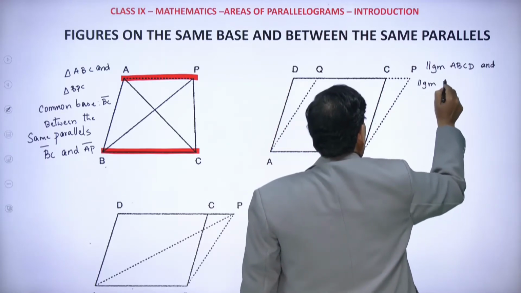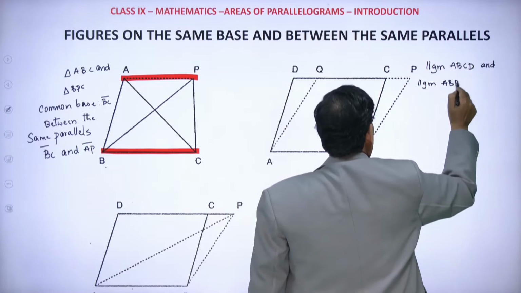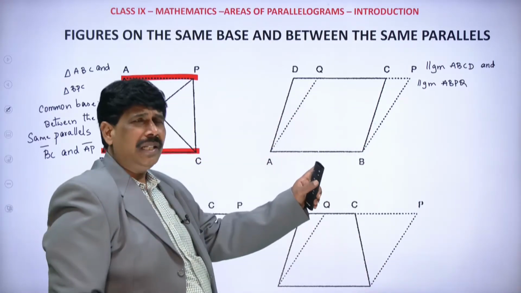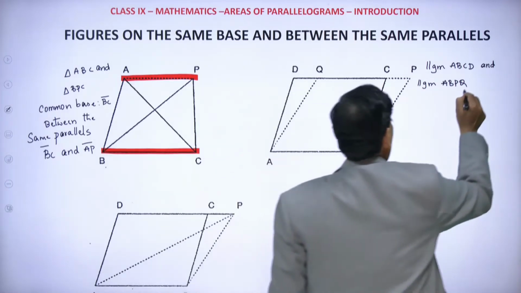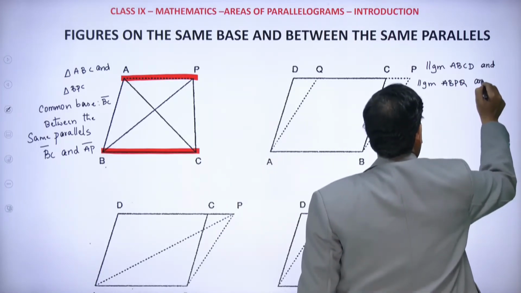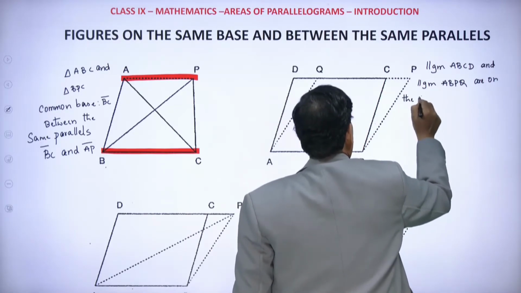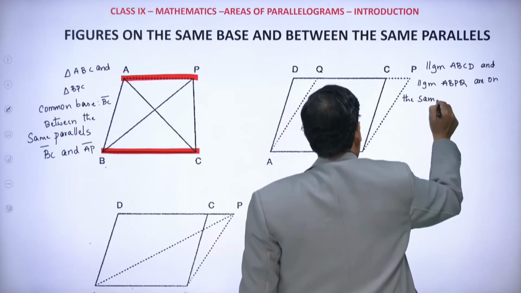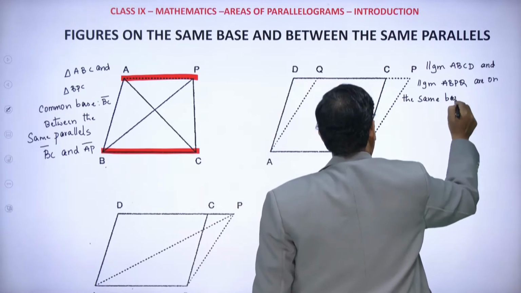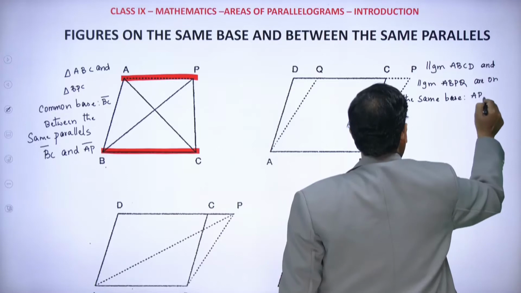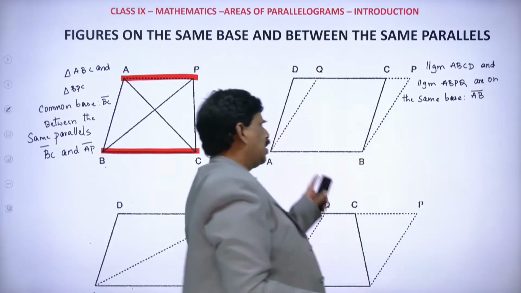And parallelogram ABPQ, where are they? Both of them are on the same base. I mean to say, a common base. What is the base here? AB. The base is AB here.